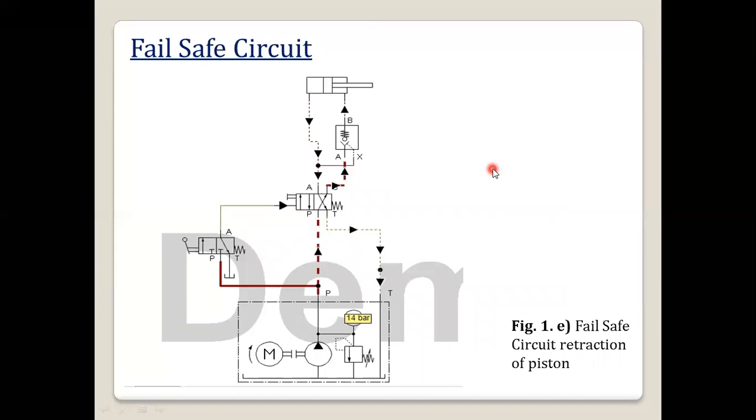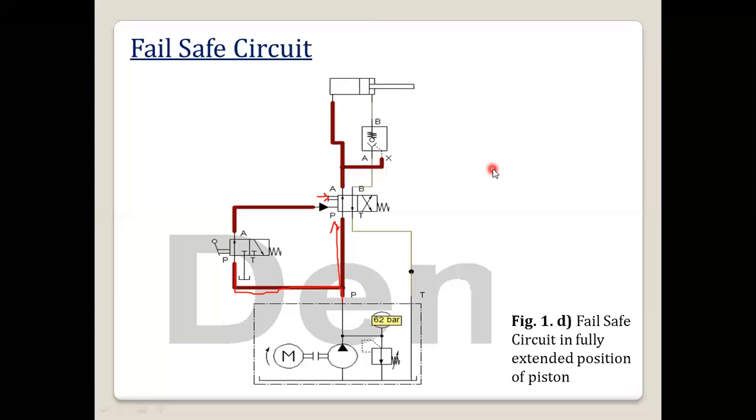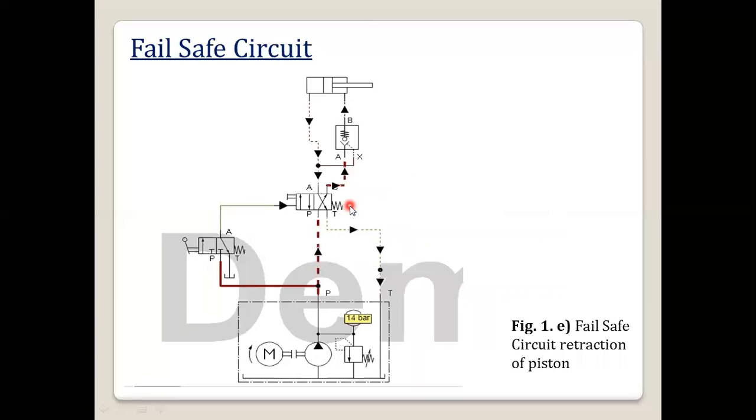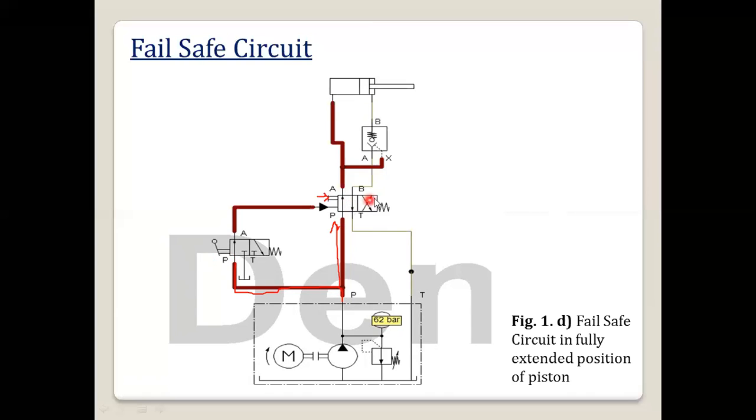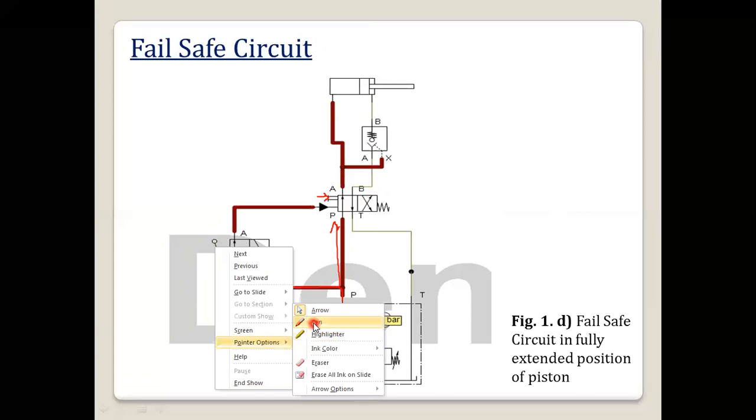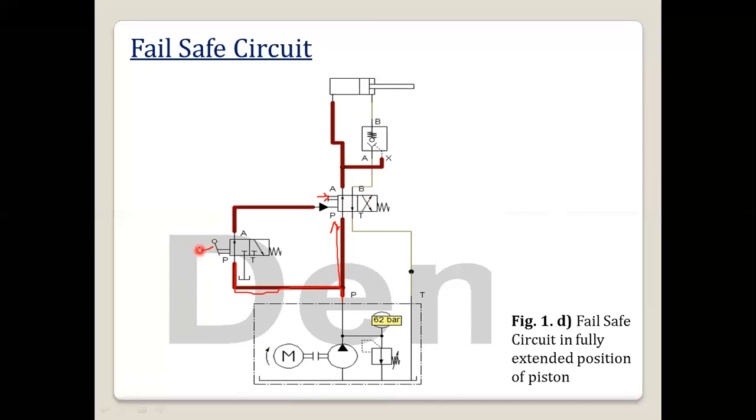If we want to change the position from left to right envelope, what I have to do is release the lever, that is, I will deactivate this 3 by 2 DCV. So the position will change to this side.